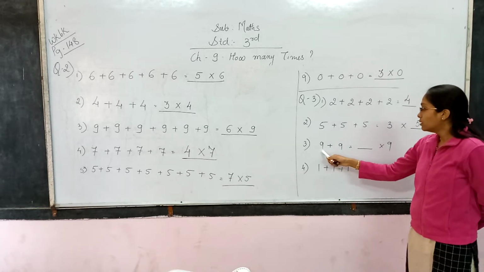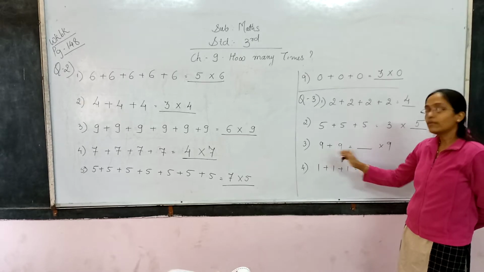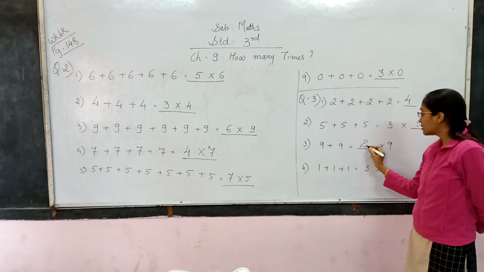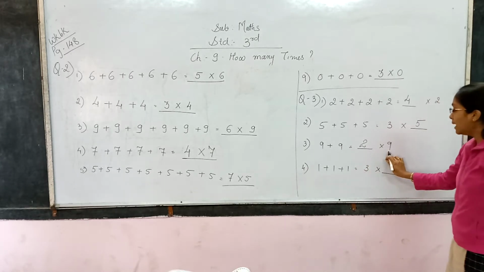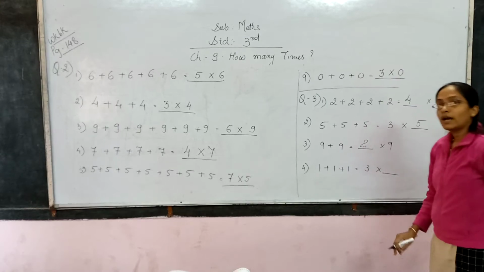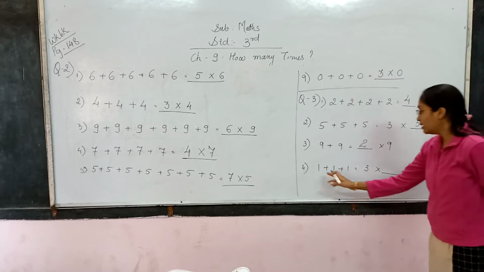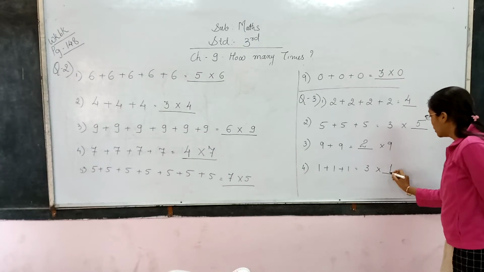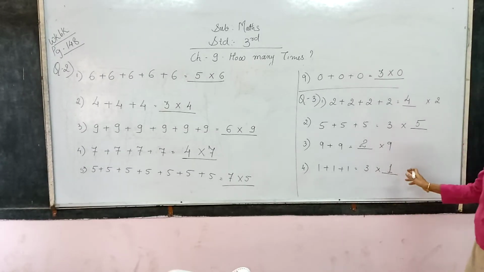Here the number is 9. और कितने टाइम वो ऐड हुआ है? Yes, 1 and 2 times. Multiply by 9. Here the number is 1 and how many times was it added? 1, 2 and 3 times. And the number which is repeated is 1.